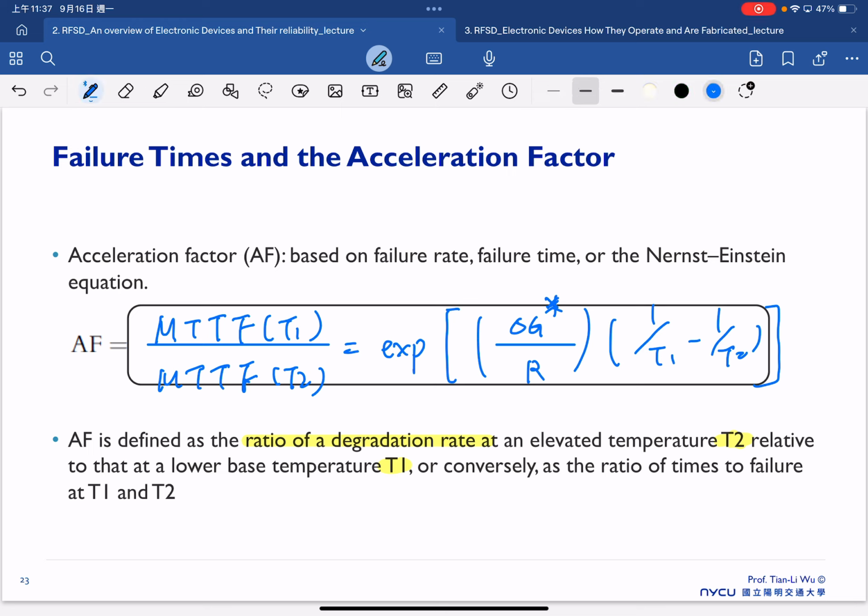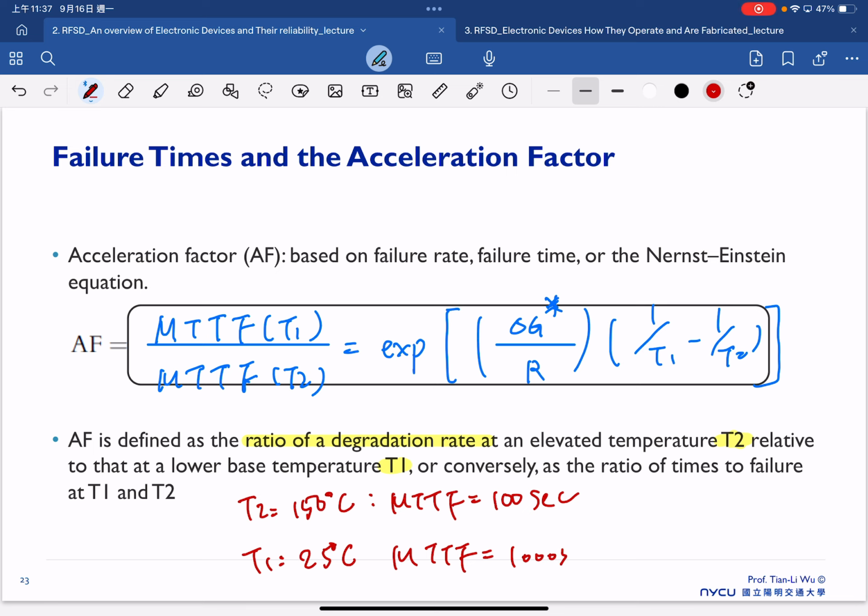The simple calculation can be described here. Suppose T2 is 150 degrees Celsius, we test the device reliability at 150 degrees, and our MTTF is equal to 100 seconds. Then we test at T1, where T1 is room temperature and our MTTF is equal to 1000 seconds.